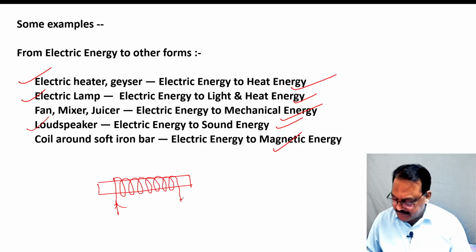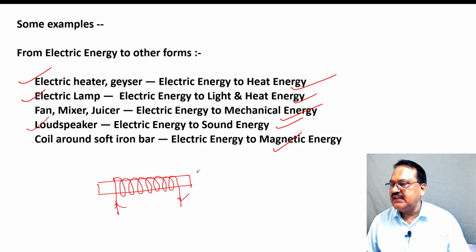When electric current, I mean electric energy, is provided in this coil, this soft iron bar gets magnetized, meaning it creates its own magnetic field. So electric energy is converted into magnetic energy in this case.